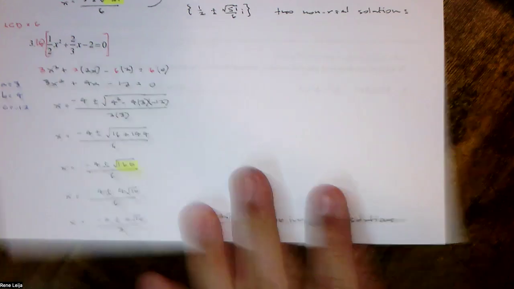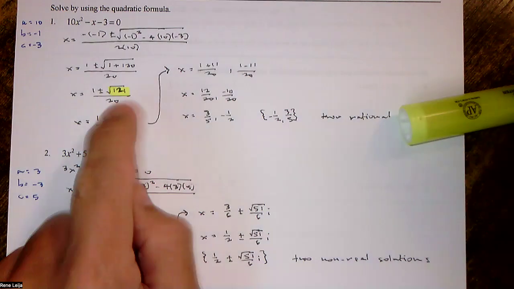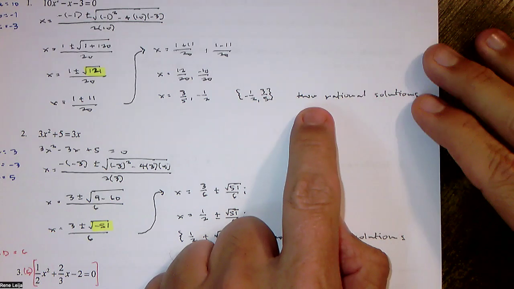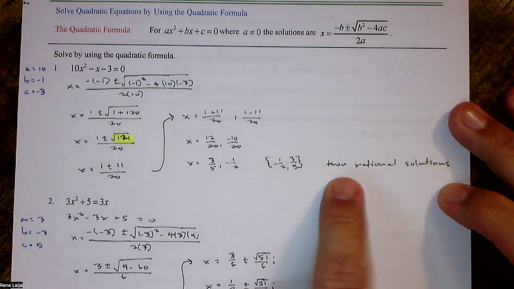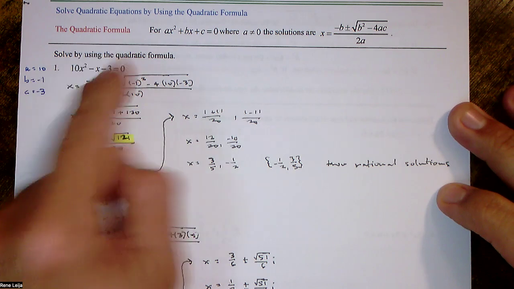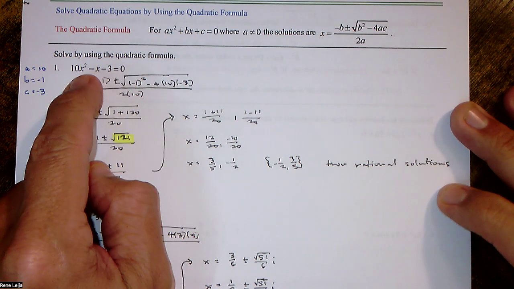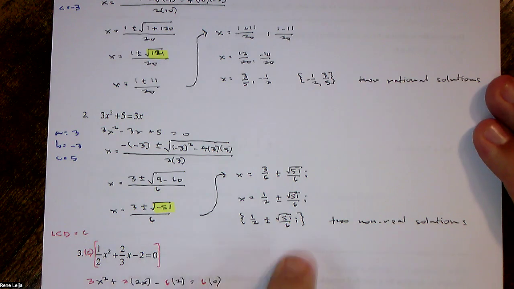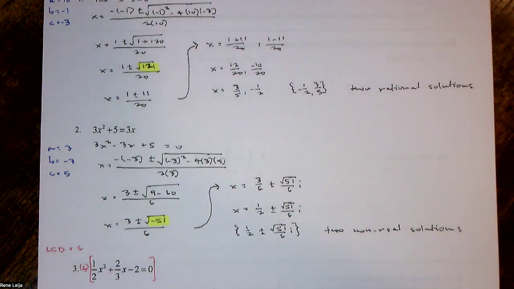So when you have a perfect square underneath the radical, you end up with 2 rational solutions, which means this factored. Okay, I could have factored that and ended up with those answers. Okay, these other 2 do not factor.